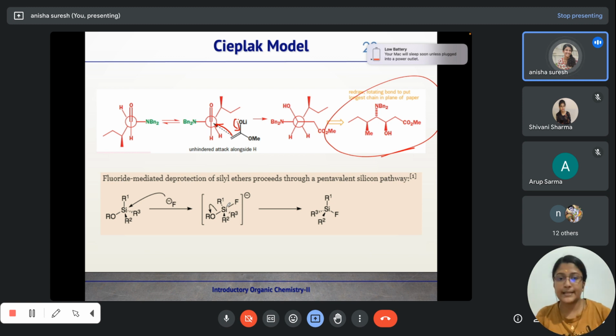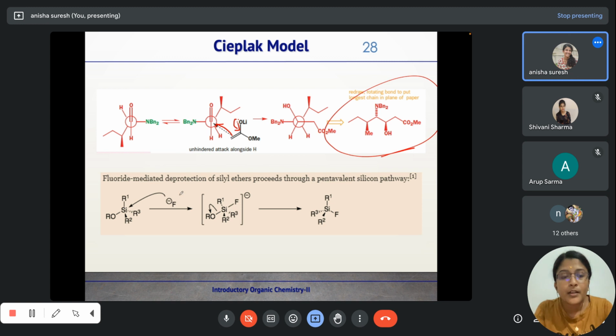We will draw the mechanism now. One second, let me put this on chart. This is the mechanism for fluoride mediated deprotection of silyl ethers, which we are carrying out in presence of TBAF. TBAF is a fluoride source, tetrabutyl ammonium fluoride.